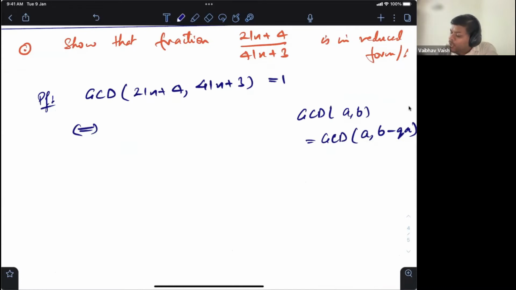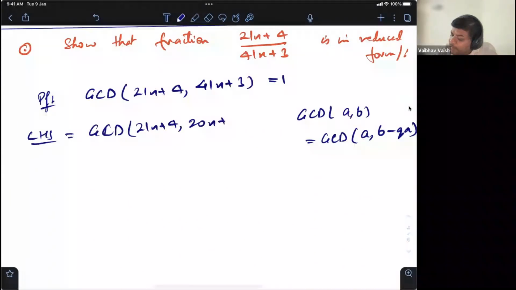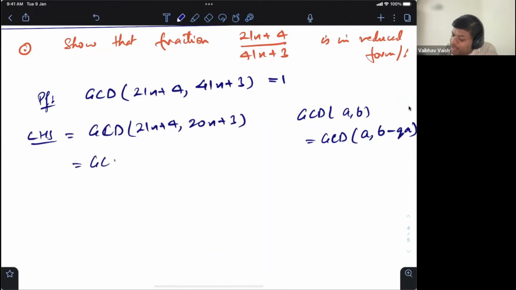So let's just subtract. The LHS becomes GCD of 21n plus 4, and I'll just subtract this, so this becomes 20n plus 3. Now I subtract the second thing from the first. GCD of A comma B is the same as GCD of B comma A. Sorry, I have made a mistake.